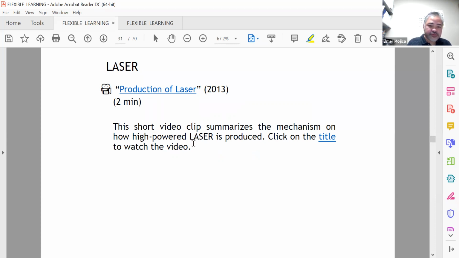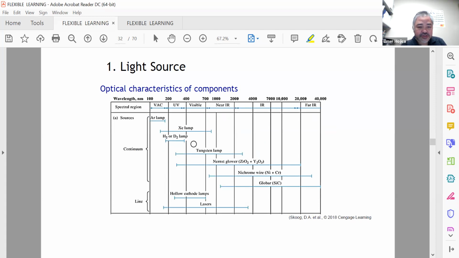Now, to summarize the light sources that we have, if we have a continuous source from the vacuum UV, visible, near IR, and far IR, you have here the argon lamp and the xenon lamp. The argon lamp is the one that you have in the vacuum region. The xenon lamp covers some vacuum, most of the UV and the visible region, and some near IR.